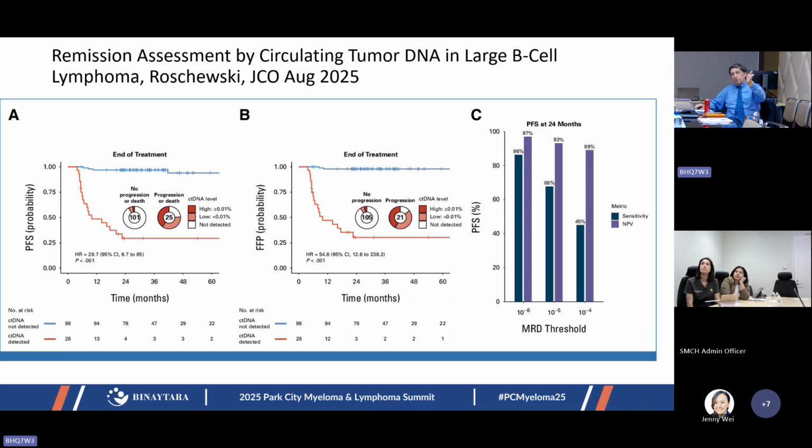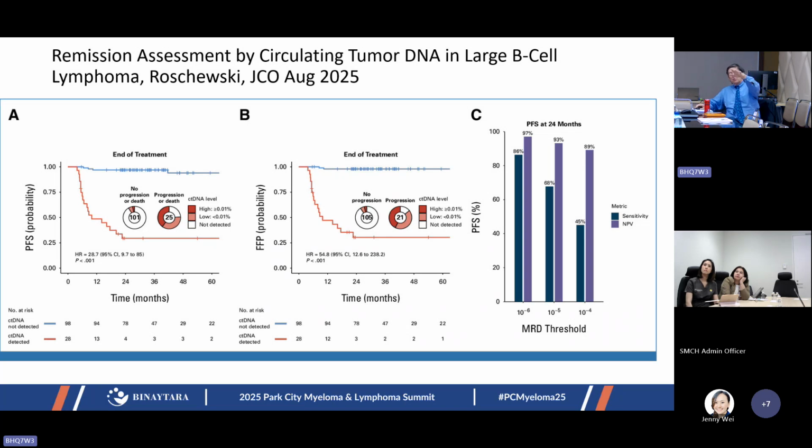And these were samples, and then they matched it up to a measurement of the circulating tumor DNA level. You can see in the three squares, if it's over 0.01%, that's high. If it's in between, it's low. If you don't have it detected, it's not detected.